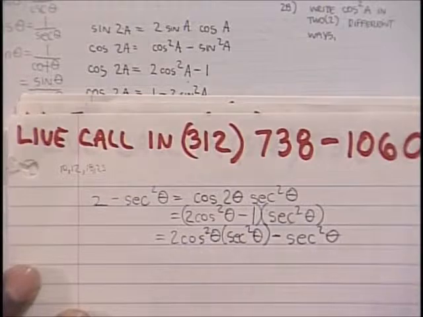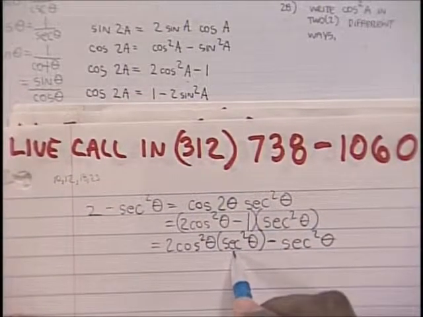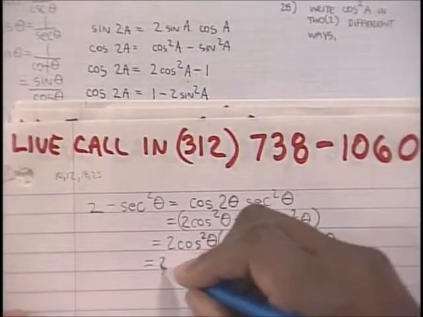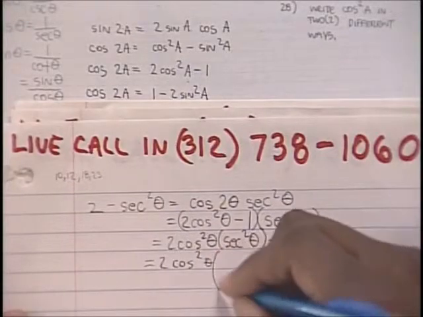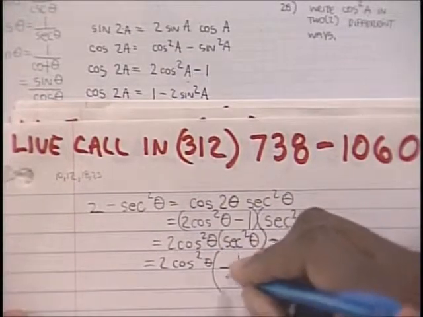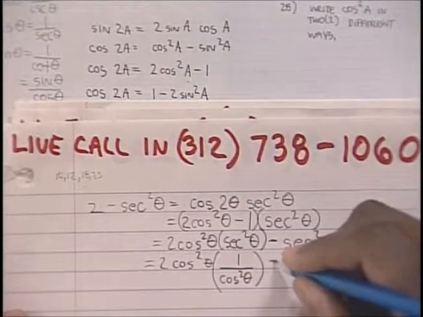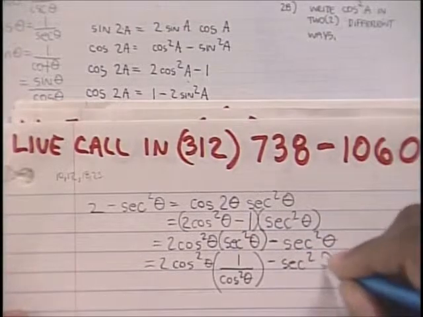Now secant squared is the same thing as 1 over cosine squared. So we have 2 cosine squared theta times 1 over cosine squared theta, minus secant squared theta.